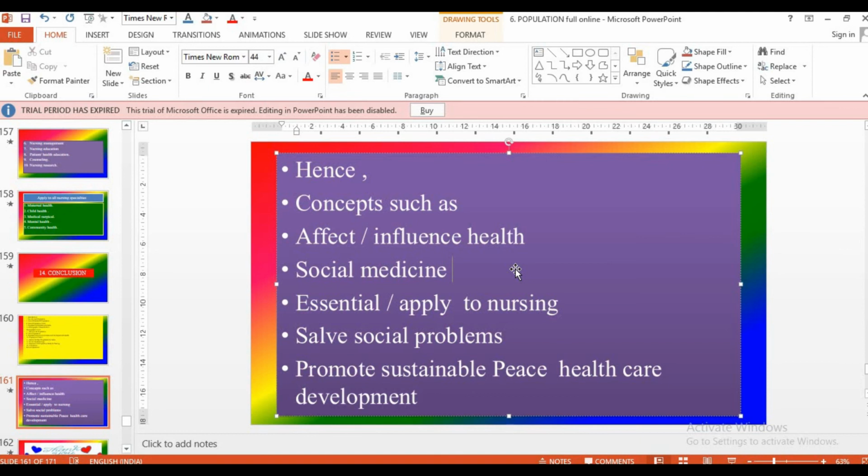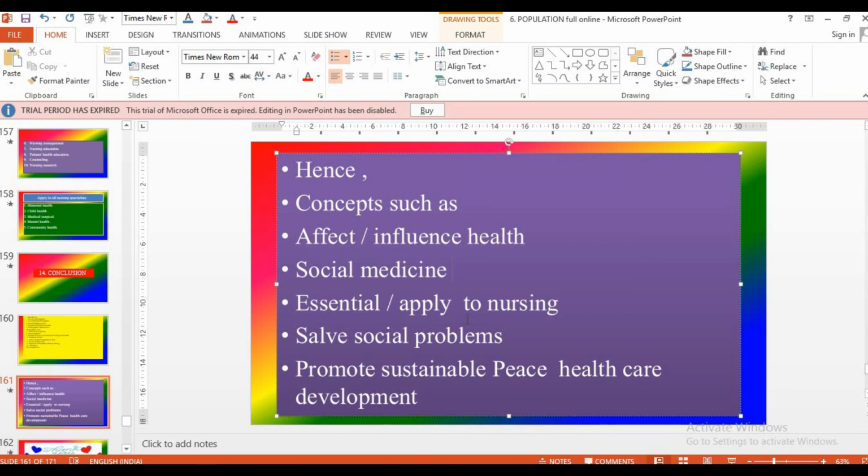Every treatment plan is based on the population characters. Then apply to nursing. Every aspect of nursing should be thought about this: care, cure, prevention, promotion, rehabilitation. The knowledge of population is fundamental.